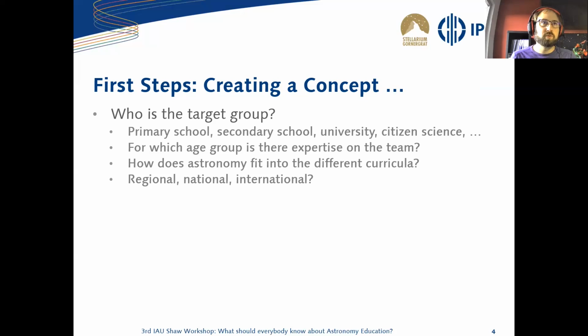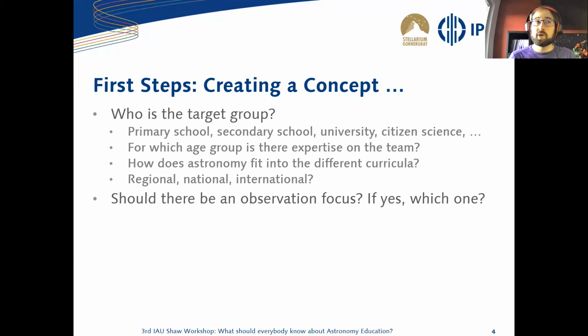From a technical point of view, everything is possible since the control is usually over the internet. That's not the problem, but it's depending on your materials and on your sponsors, because, well, usually they give you the money for a special purpose and not for anything you would like to do. You also have to think if you want a special observation focus, and if yes, which one.